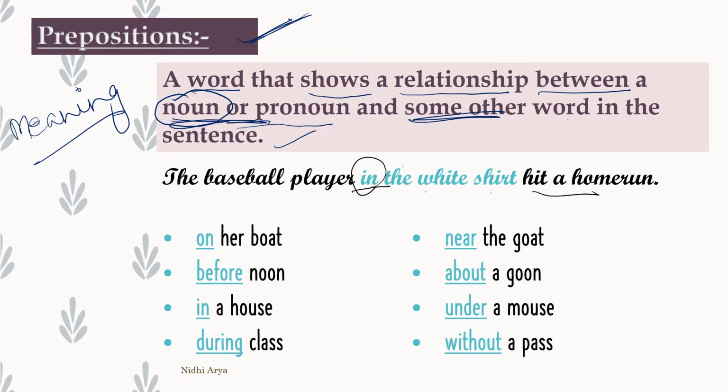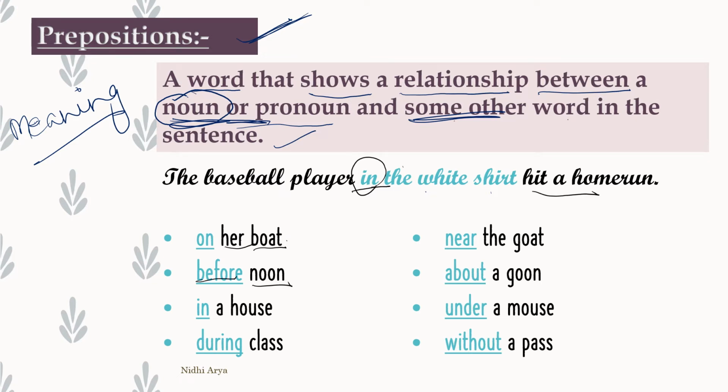So we are able to know the meaning after we put this word in in this sentence, and this in is the preposition. Here are more examples. On her boat. Boat is a noun, her is a pronoun. They show a relationship between a noun or a pronoun and some other word in the sentence.